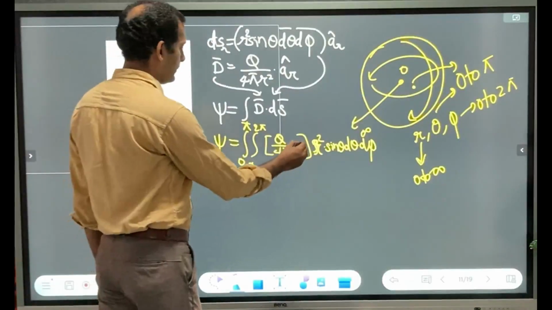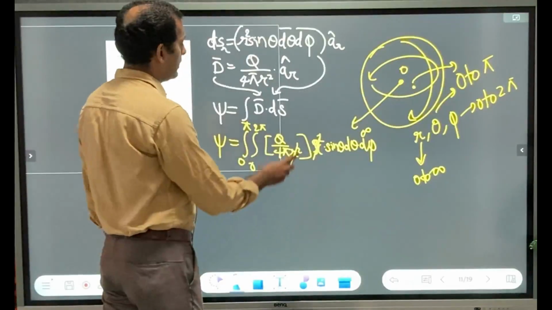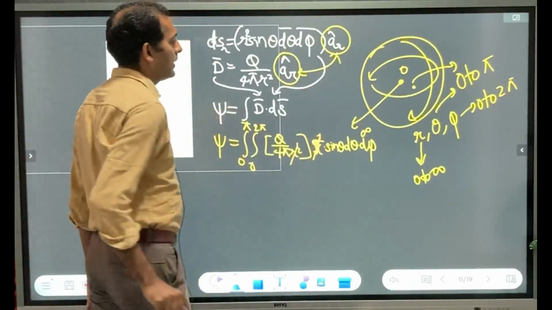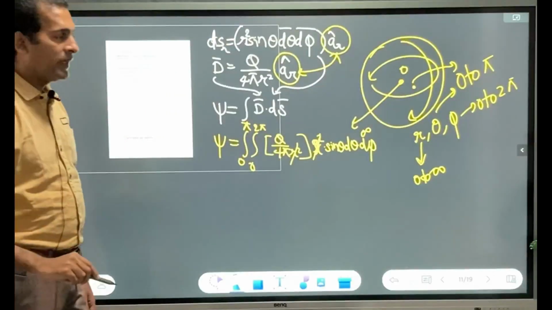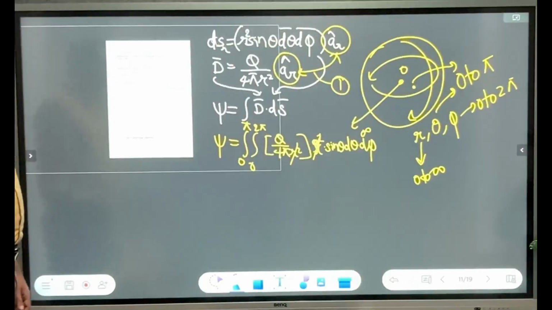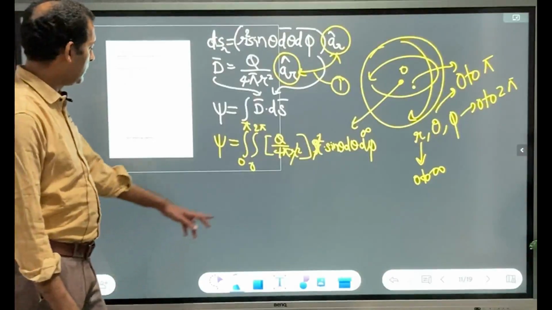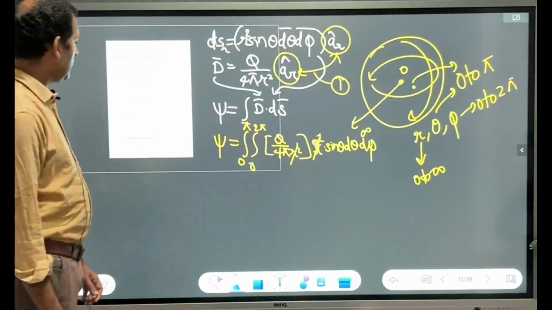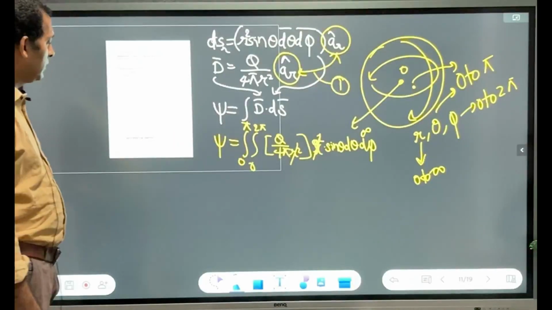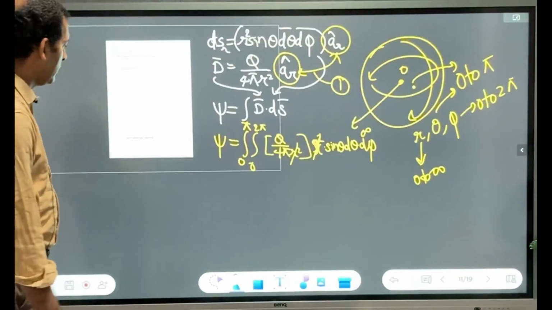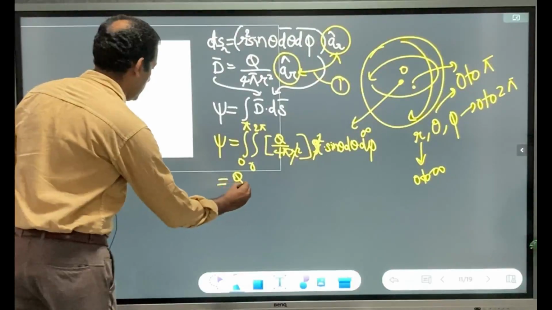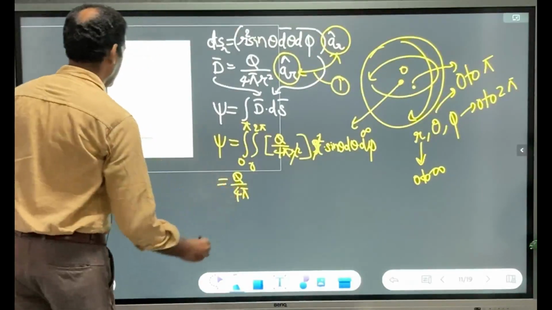So here we can see r square gets cancelled, and product of similar directions will be equal to 1. So that term will also go. For the remaining term, if we take the integral for theta, it will become only theta, and we can put the limit. Say we'll take out the constant, say we have Q upon 4 pi.